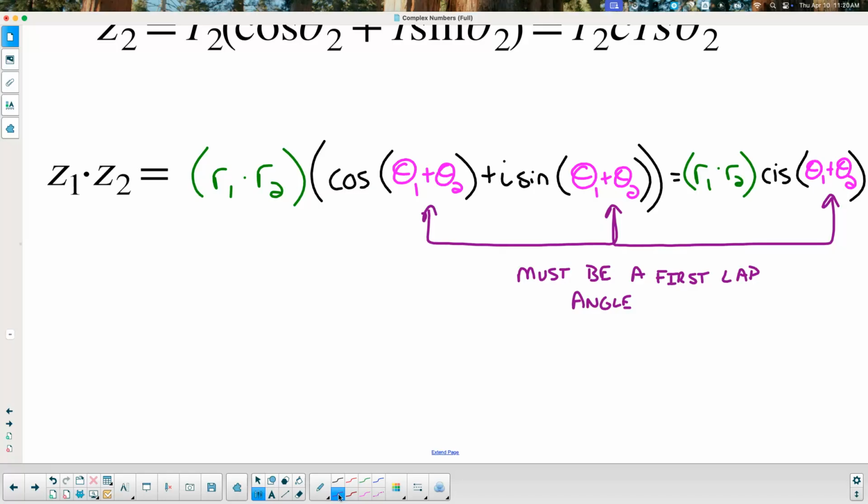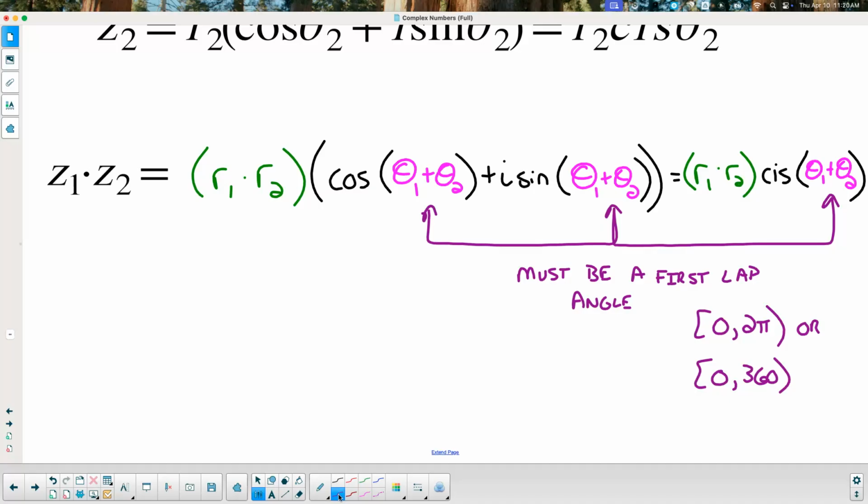Meaning it's gotta be between 0 and 2 pi if you're in radians, or 0 and 360 if you're in degrees.